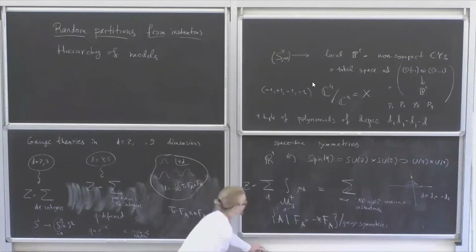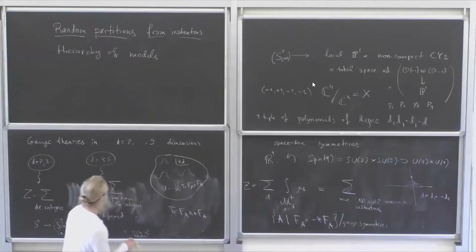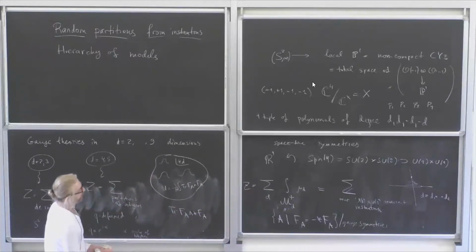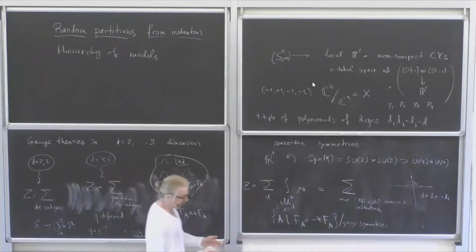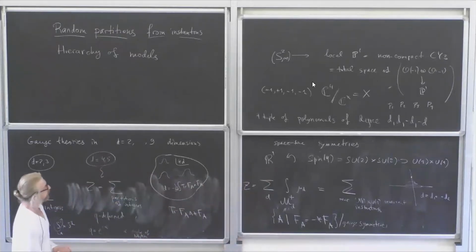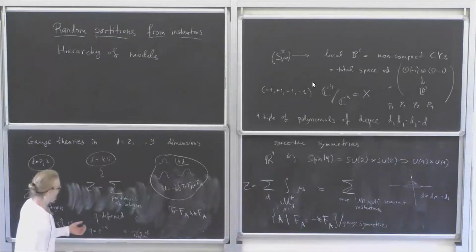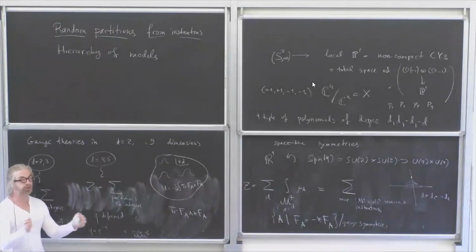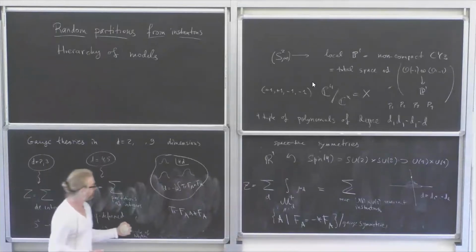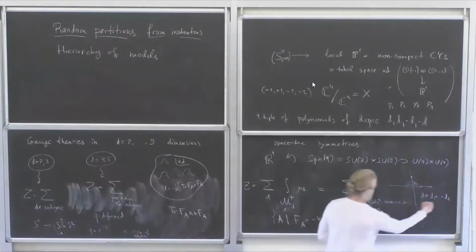So having this extra freedom of moving in additional directions is sort of responsible for the elementary object now being not an integer, which is the instanton charge, but a partition of integers.